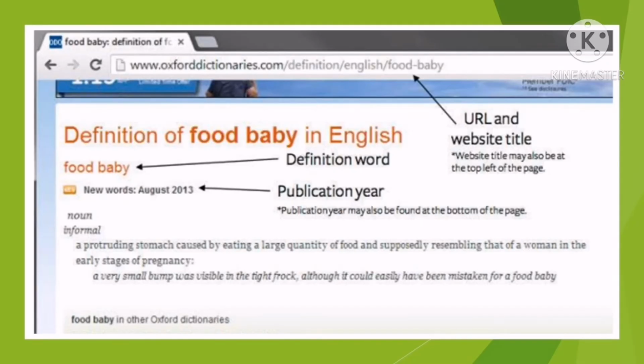This is actually a website from oxforddictionary.com. The picture is credited to the owner. We have the different parts: the URL, the definition of the word, and the publication year. So this is an example of an online resource.